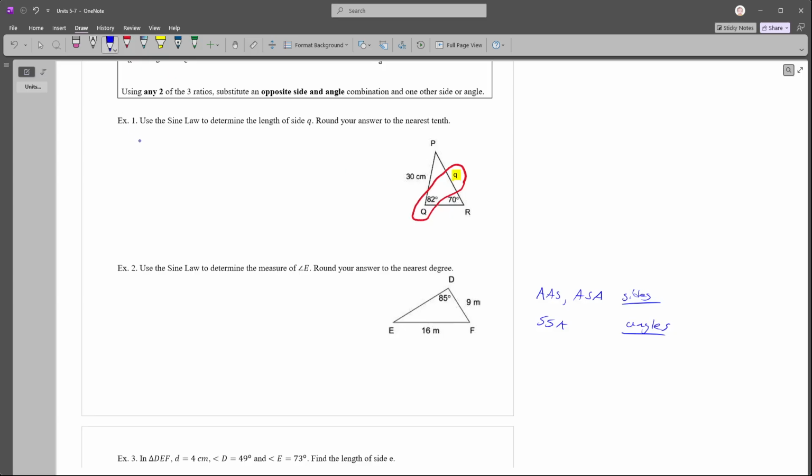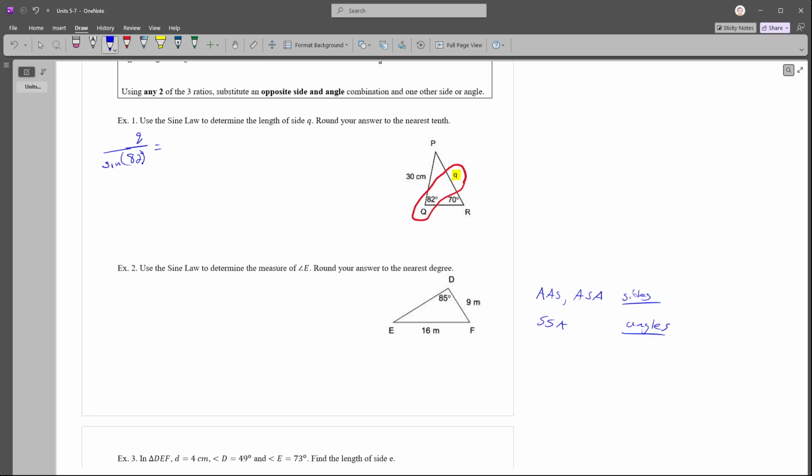So I can write that out. I'm looking for the side, so the side's going to go on the top. Q over the sine of 82 degrees. So I can get rid of that little degree sign. I'm going to set that equal to any other full ratio that I have.